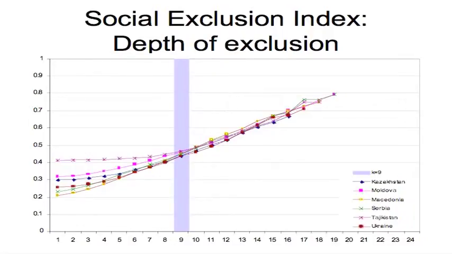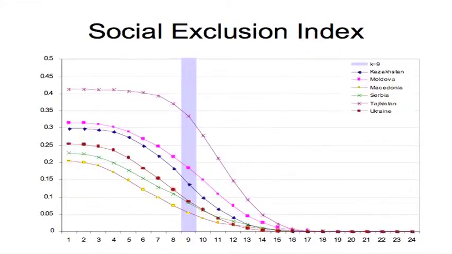So the second, as I said, is the depth of exclusion. And you can see the depth of exclusion behaves in quite the same way. On the next slide, we see the total social exclusion index, which combines together the number of people excluded and the depth of their exclusion. So it shows the situation.